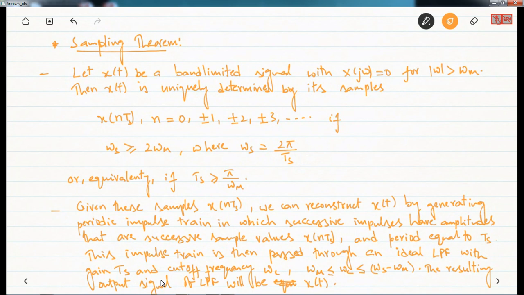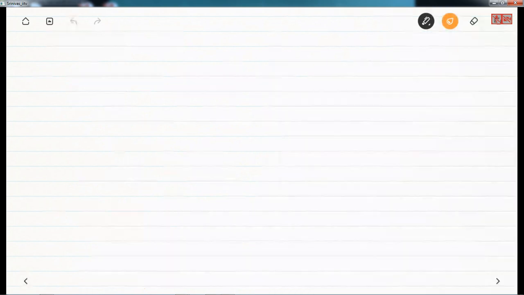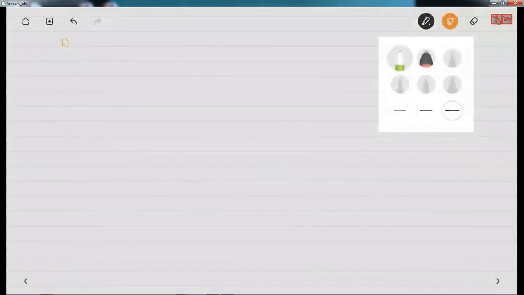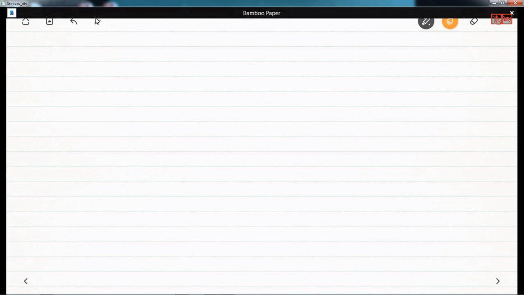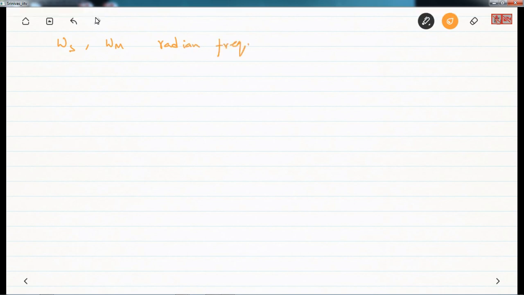I want to clarify a couple of things. When we say omega s or omega m, they are called radian frequencies, and their units are radians per second. But you know this relation, omega is equal to 2 pi f.